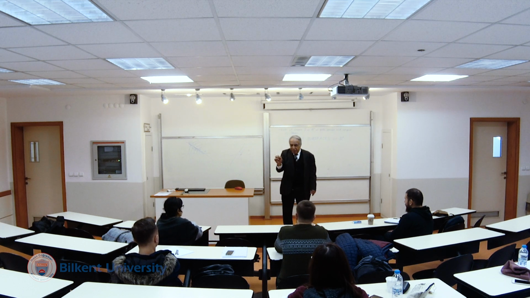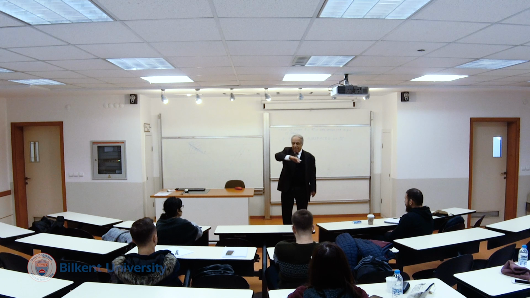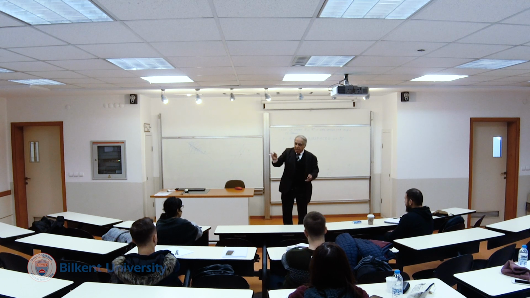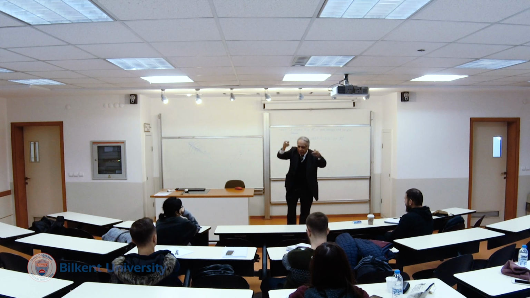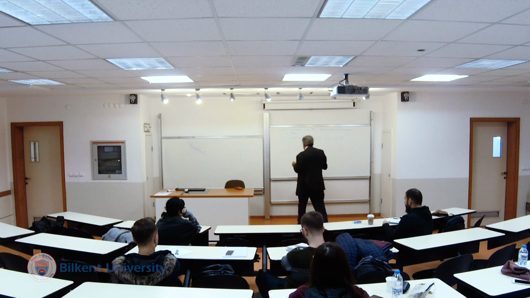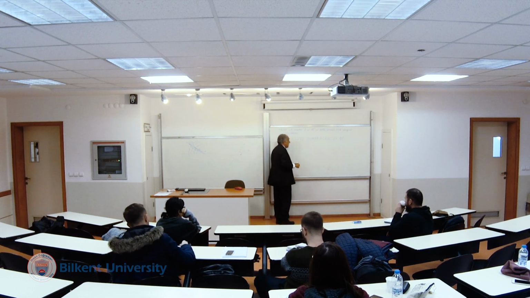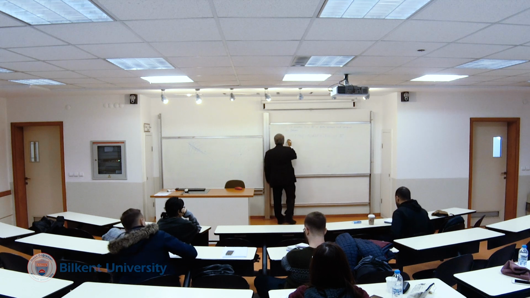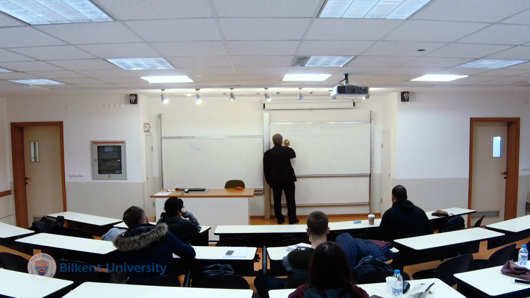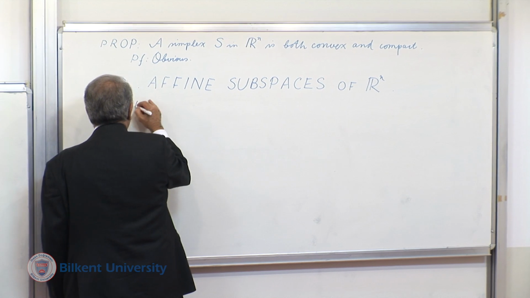If you add to 0 something on the plane which does not contain the origin, well then the plane passing through the origin will be translated to the other. So, well, we'll use this observation in defining an affine subspace, but let me first remind you of the following definition and proposition.